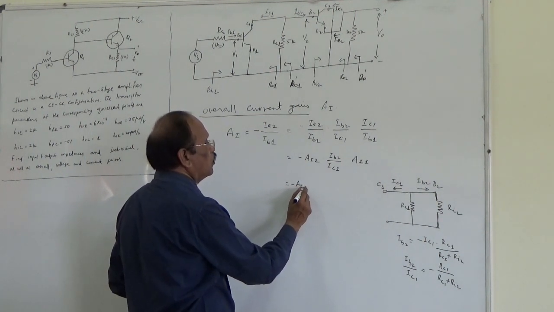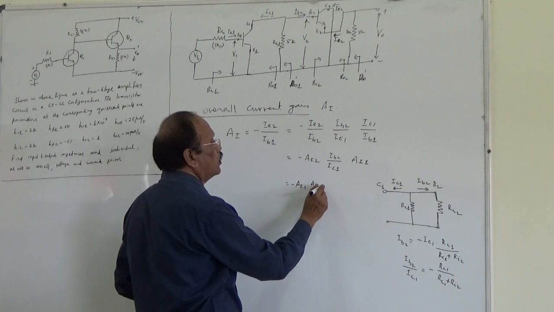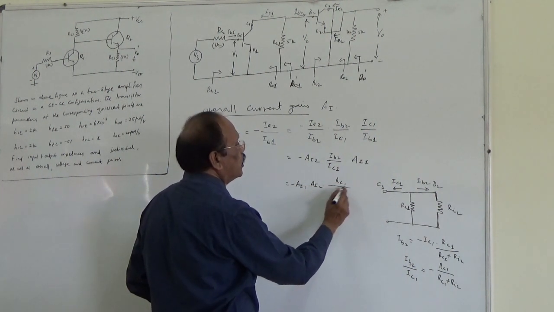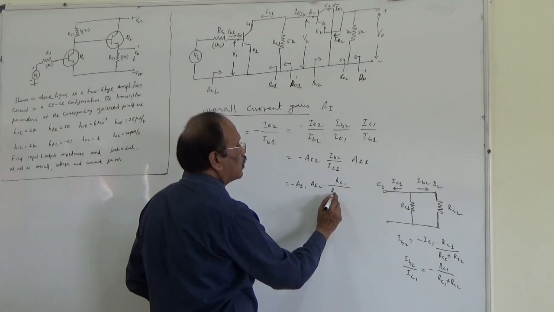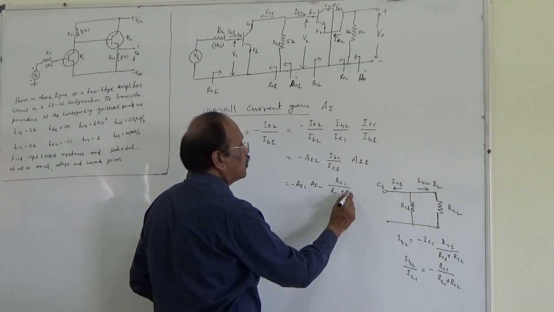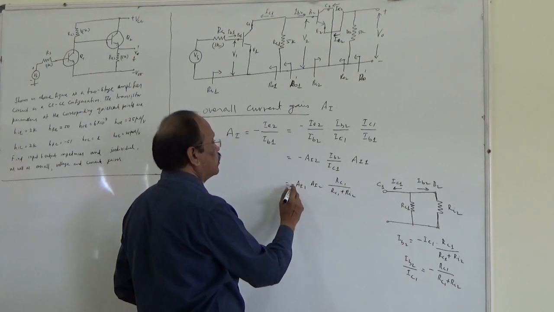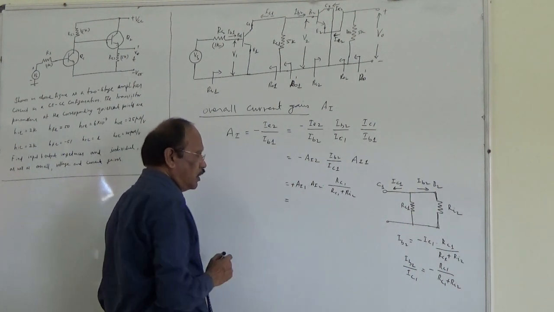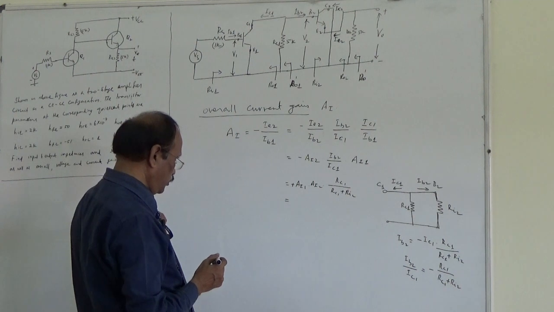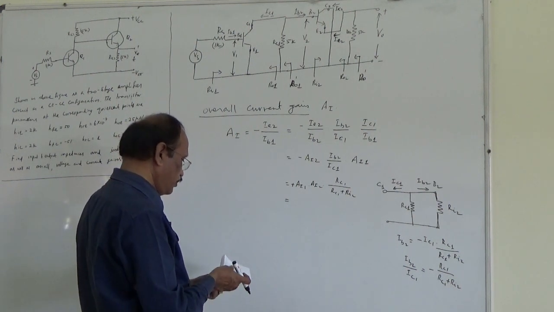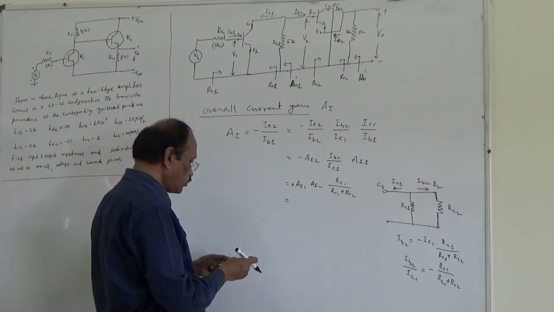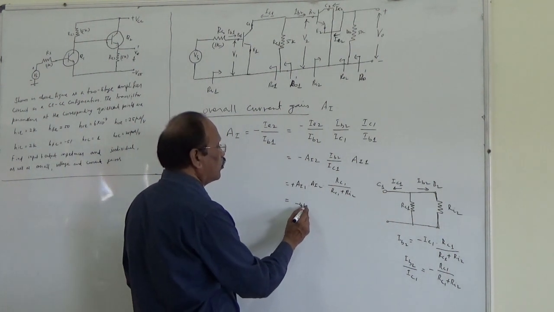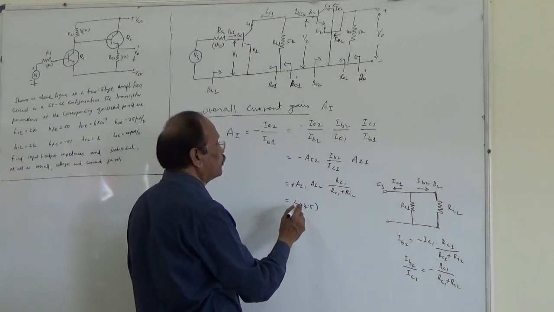So now substitute this value here, you will get minus AI1 into AI2 into RC1 by RC1 plus RI2. There is one minus in here, so this will cancel, you will get plus. AI1 we determined earlier as minus 44.5.